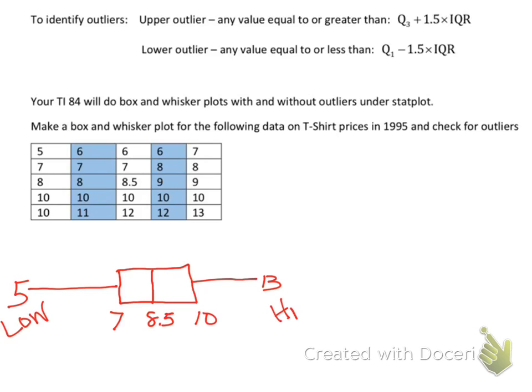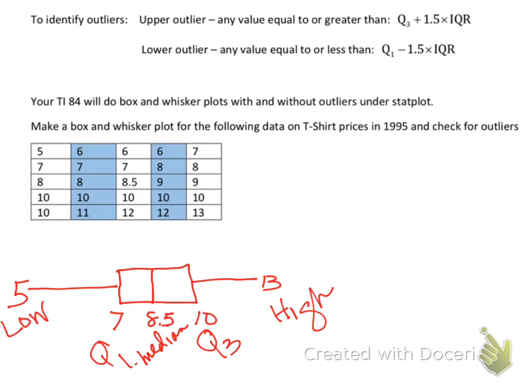Your high is 13. Here is your Q1. Here is your Q3. Here is your median, sometimes called a Q2. Okay, so there's my box and whiskers.